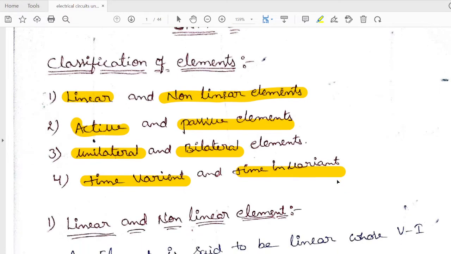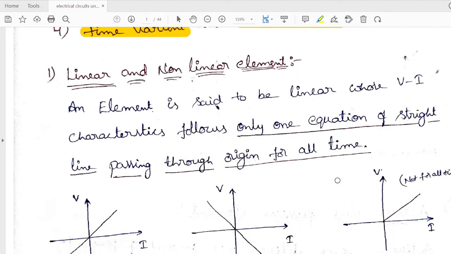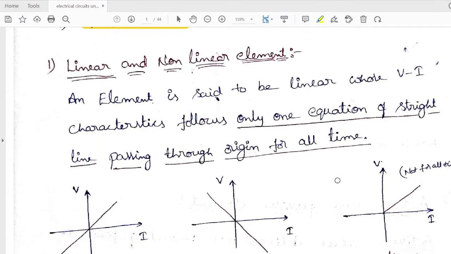So first classification is linear and non-linear elements. So when we can say an element is linear or non-linear, we'll discuss now. An element is said to be linear if its VI characteristics follows only one equation of straight line passing through origin for all time t.